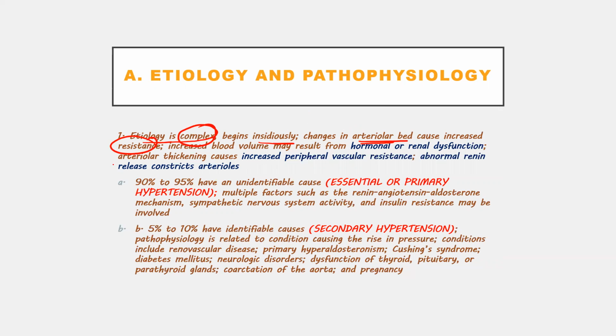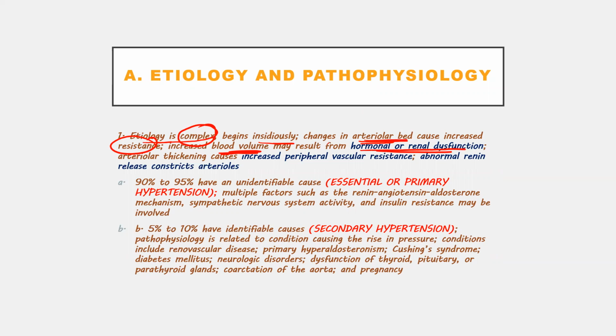Resistance means the opposite force that the blood vessel has to create, or increased blood volume. Because in hypertension we can see many causes, one of them can be change in the arterial bed, and increase in blood volume may result from hormonal or renal dysfunction.